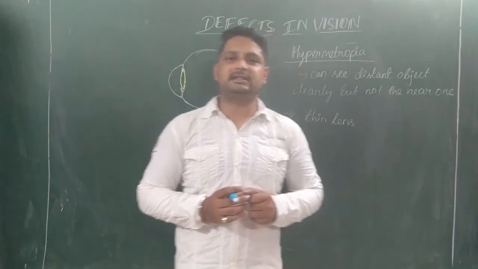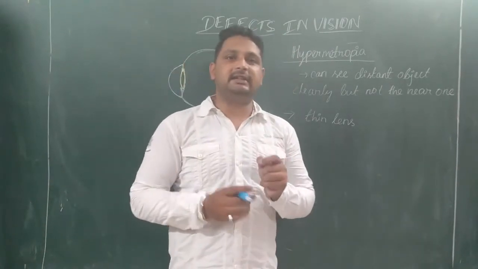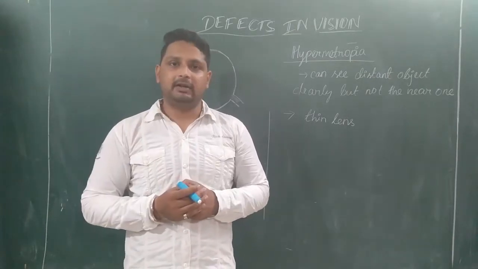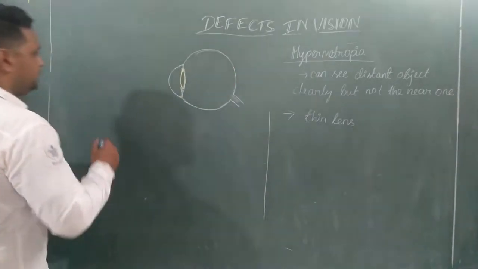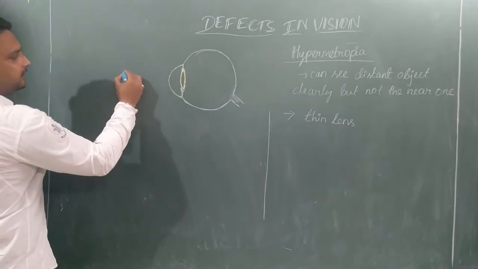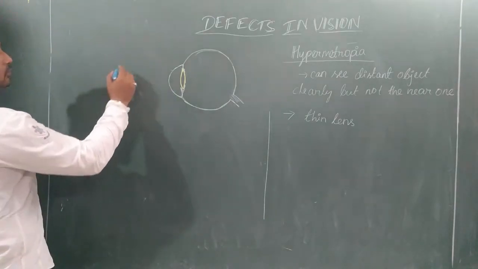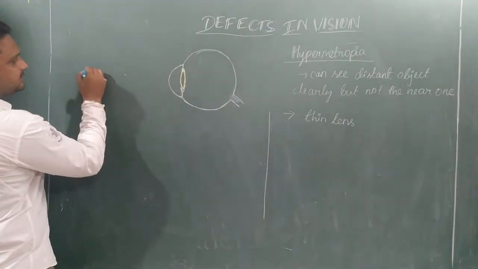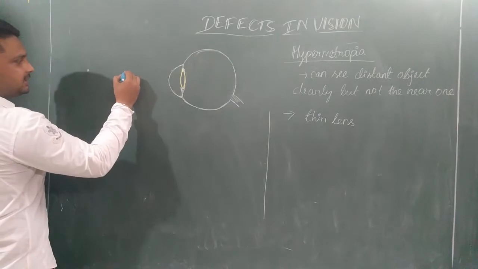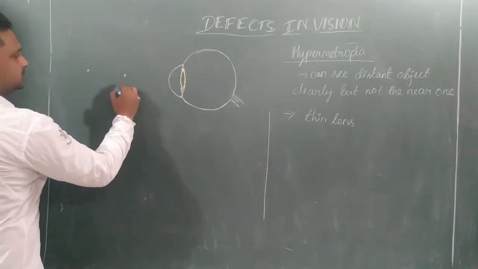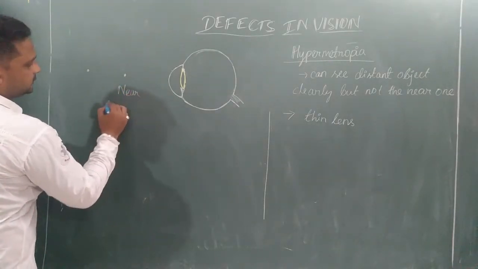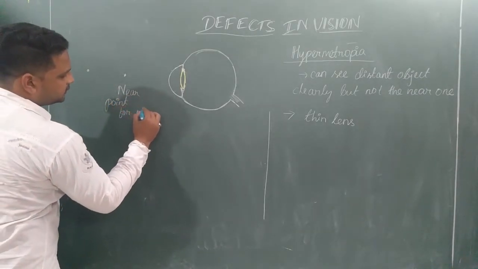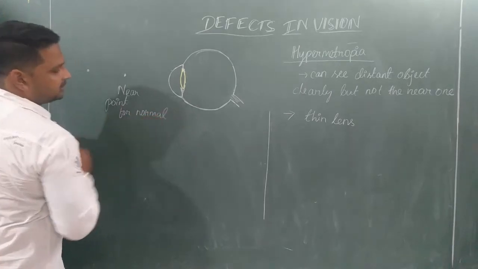So what happens in this case? The near point, that is the least distance of vision, shifts to a farther point. This is the near point for a normal person.